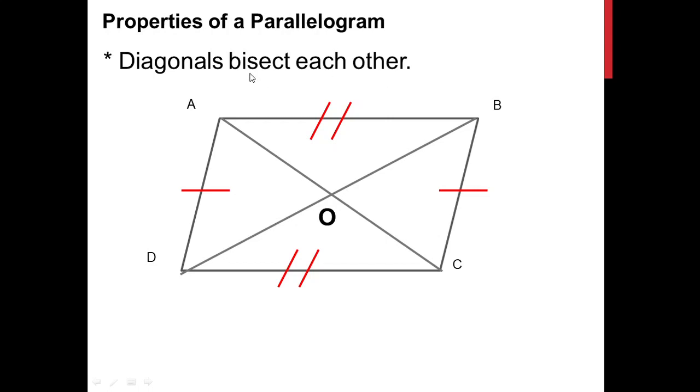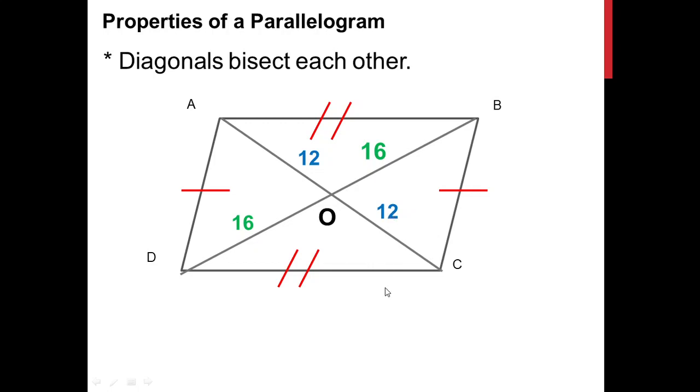So from the word bi, it means the diagonal passing through the other diagonal cuts this diagonal into half. Meaning, if this side is 12, this side must also be 12. And if this side is equal to 16, this side is also equal to 16. This is what the fourth property of the parallelogram means.